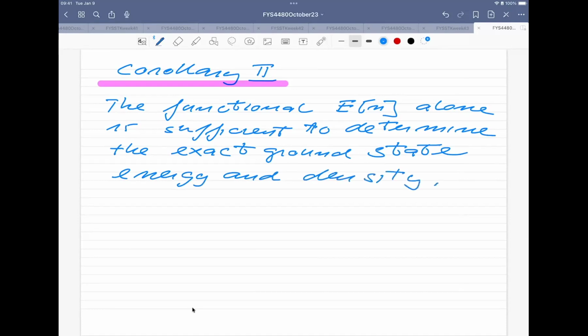So after the break, we're actually going to look at the proofs of these two theorems. The proofs are very general and simple, and the theorems give us general statements about a many-body system. If you have the density, it means that with the density, you can then calculate all properties of a system.